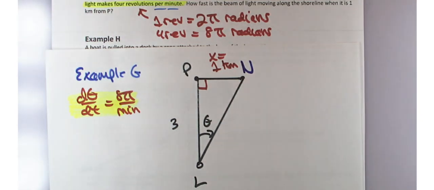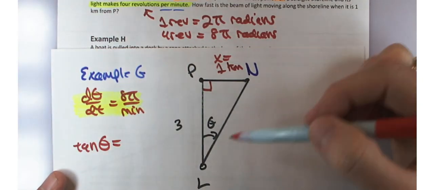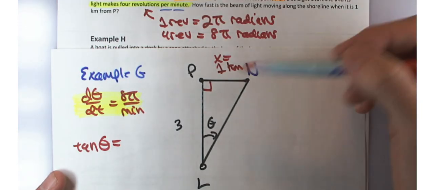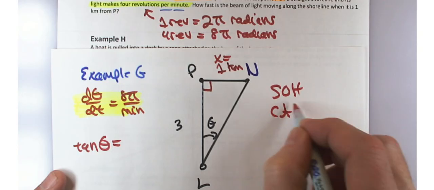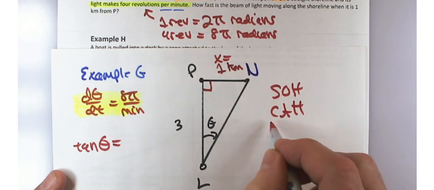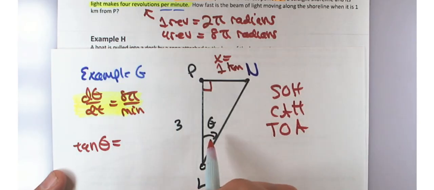Tangent, yeah. Thank you, Ashley. So the tangent of theta, remember, tangent is what over what? Yeah, remember SOHCAHTOA. Tangent is opposite over adjacent. So the opposite side would be x.